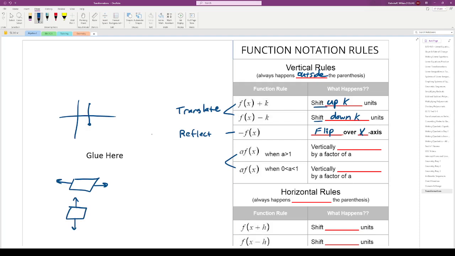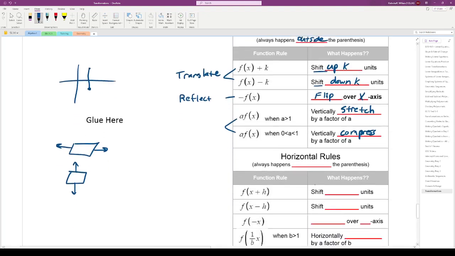So a f of x, if we multiply by a number bigger than 1, we vertically stretch. And if we multiply by a number between 0 and 1, meaning a fraction or decimal smaller than 1, we vertically compress by a factor of a. So those are all the vertical rules, and that's what goes in there.